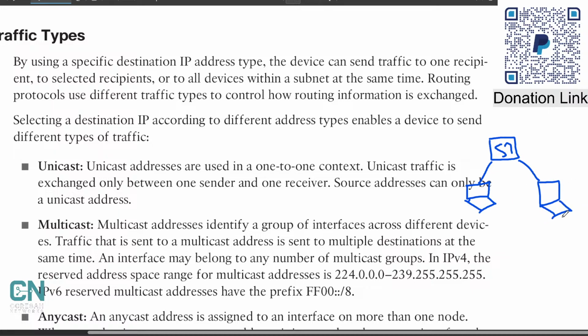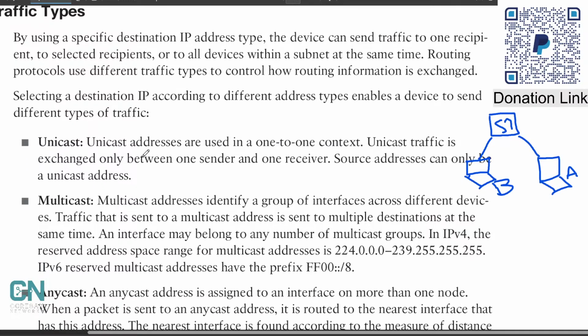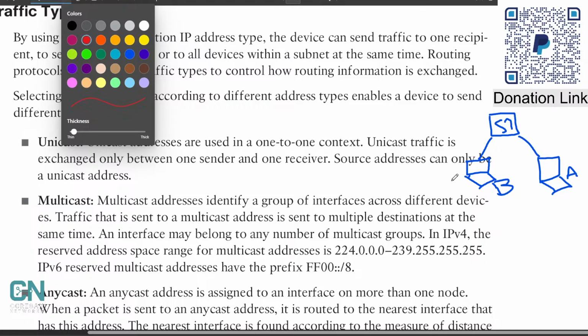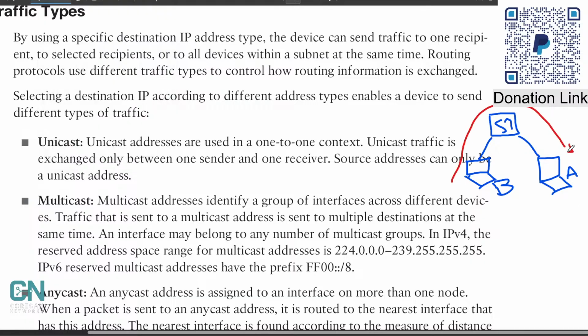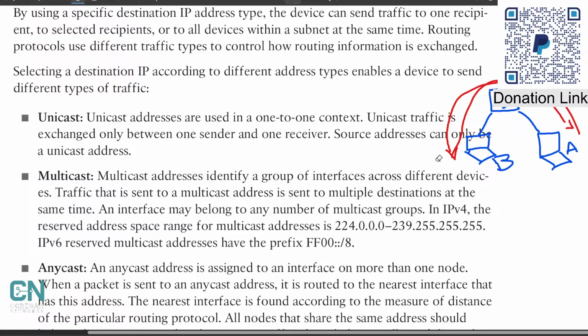Unicast addresses are used in a one-to-one context, from here to here. PC B sends a packet here via switch 1 and receives the response, one to one. It is unicast. It is simple and obvious.